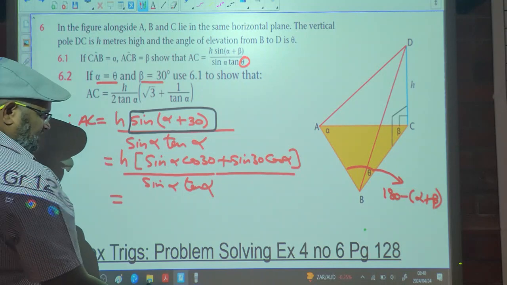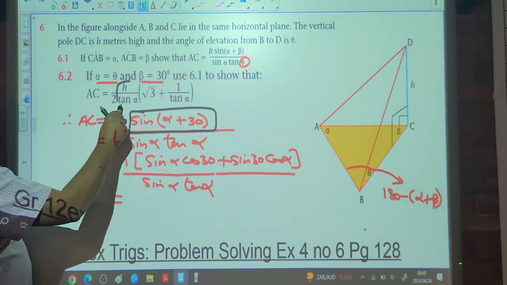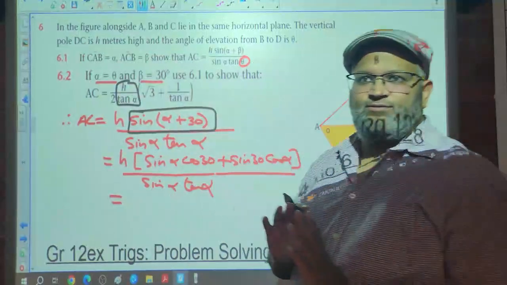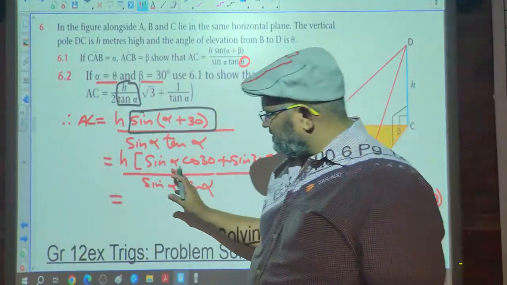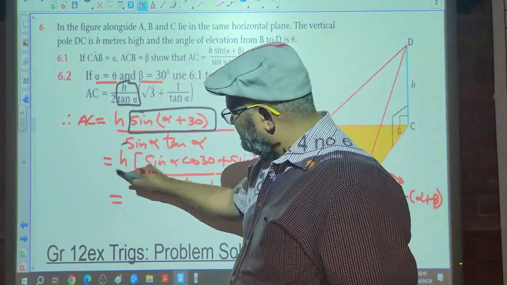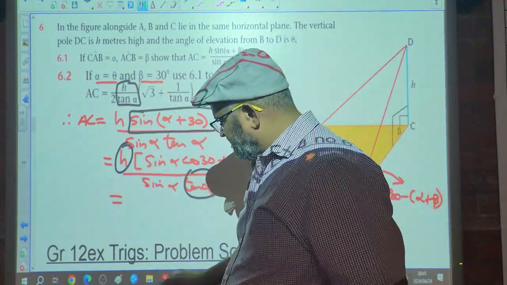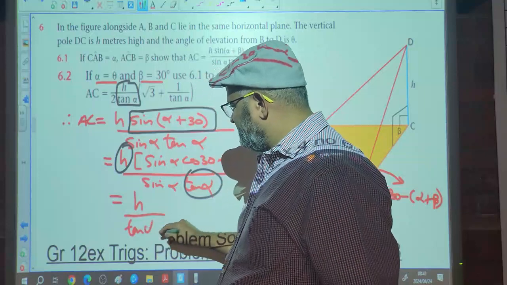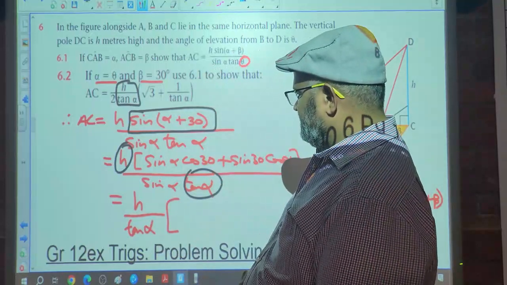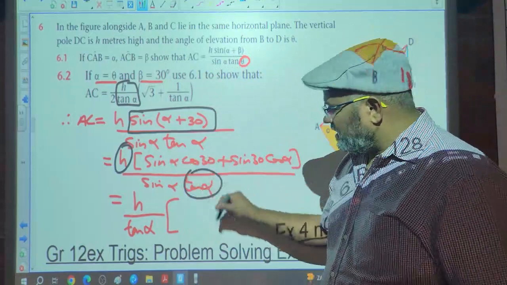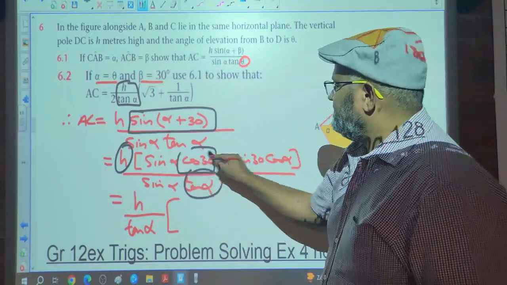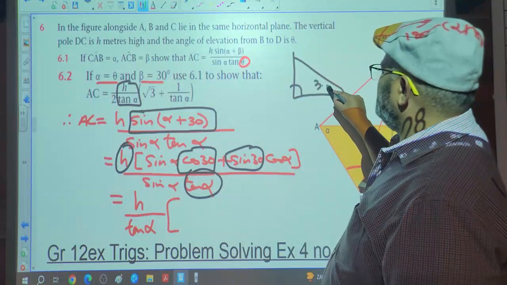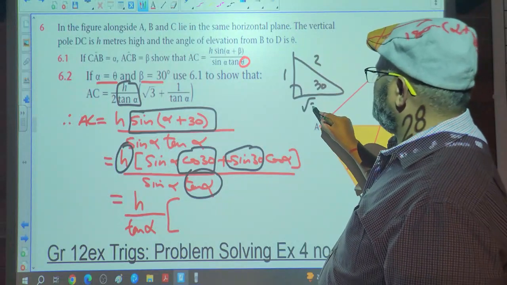But what I notice is that I have H over tan alpha on the outside. You all see that? So I'm going to keep this on the outside. Then I'm going to get H over tan alpha into cos of 30 and sine of 30, which I can use from the special triangles of 30. So 30 is 1, 2, root 3.